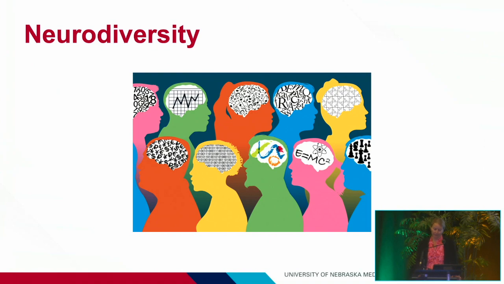Under the umbrella of neurodiversity falls autism spectrum disorder, as well as any developmental language disorders, tic disorders, ADHD, dyslexia, and dyscalculia. The rest of my talk, though, is going to focus on autism, but many of the concepts that I'm discussing apply to all other types of neurodiversity.